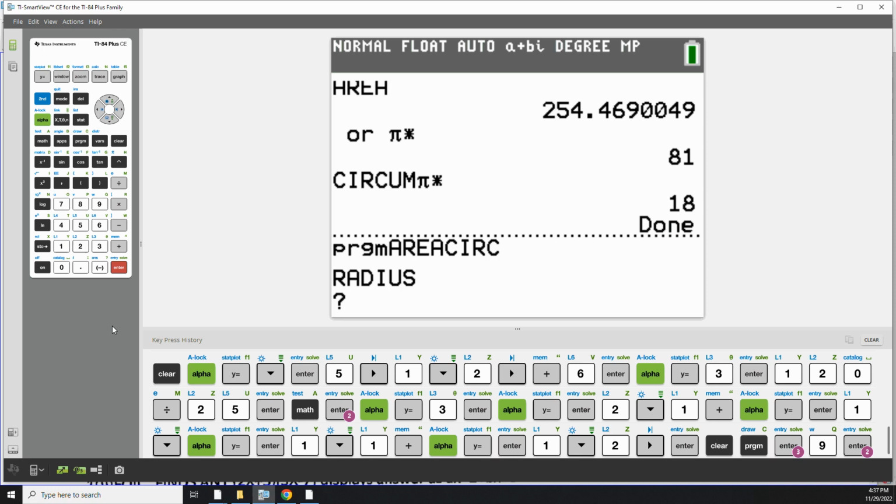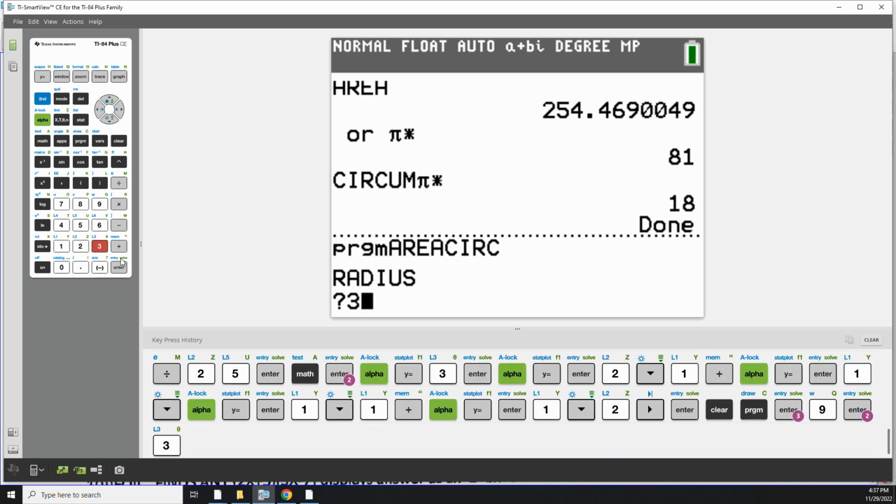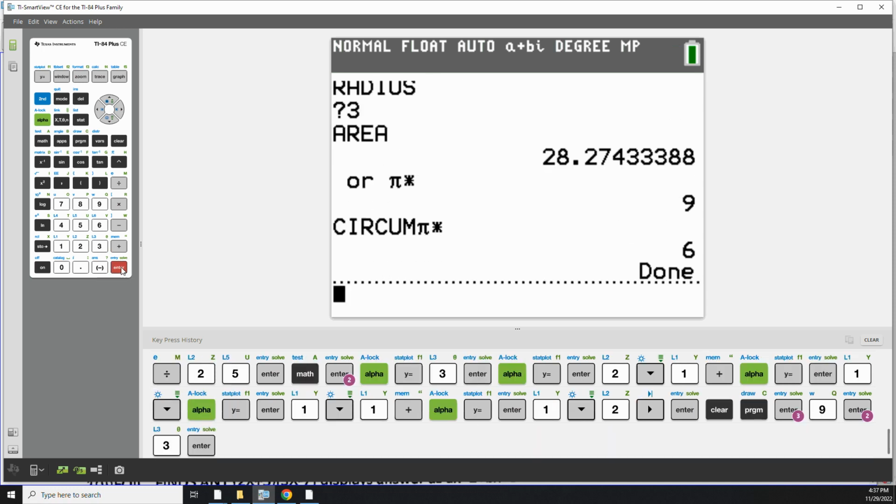Let's go with a smaller circle, radius 3. Boop. There's the answer. It's 28.2, but what does the math geek usually want to hear? 9 pi, circumference is 6 pi.